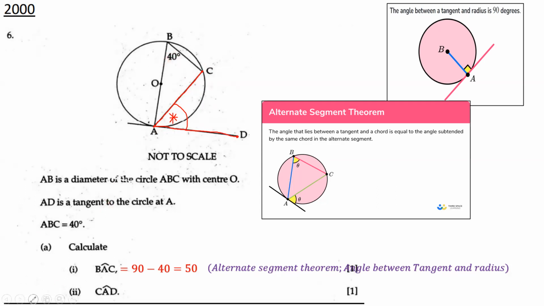We know this angle, which measures 40 degrees, is subtended by the same chord because, if we look carefully, the legs of this angle rest on the chord AC. Or you could say that the chord AC forms the base of the triangle formed by the legs of the angle that measures 40 degrees. And so if this measures 40 degrees, this must also be 40 degrees. Definitely this one is going to be 40 degrees because of the alternate segment theorem.